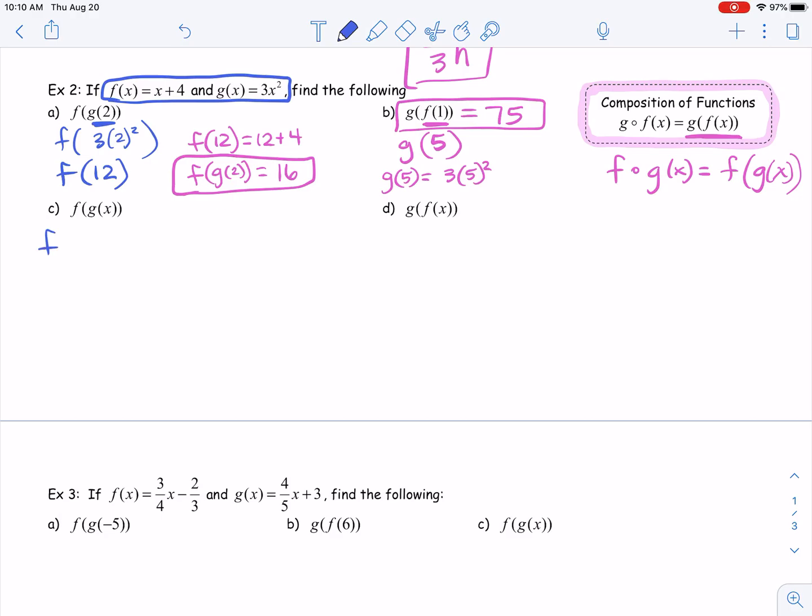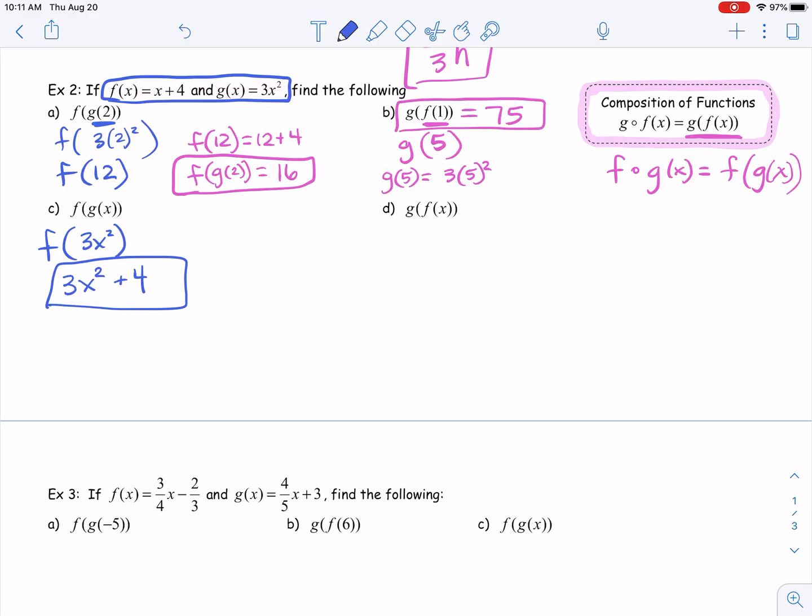So it's really like saying f of 3x squared because that is my g of x function. So everywhere I see an x in my f of x function, I'm going to replace it with 3x squared. So that would be 3x squared plus 4. And can I combine any of those terms? No. So that is my final answer.